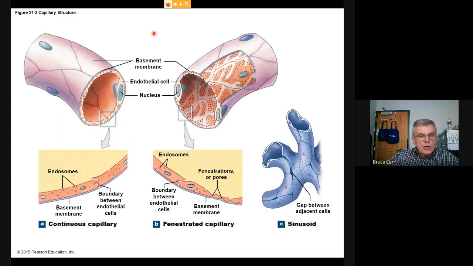Capillary structure is shown here, and what we're going to do is change the vessel so that it allows the transport of material across in both directions. You'll notice the typical epithelial structure of flattened cells that are kind of squamous, pancake-like, providing a continuous, tightly bound surface.